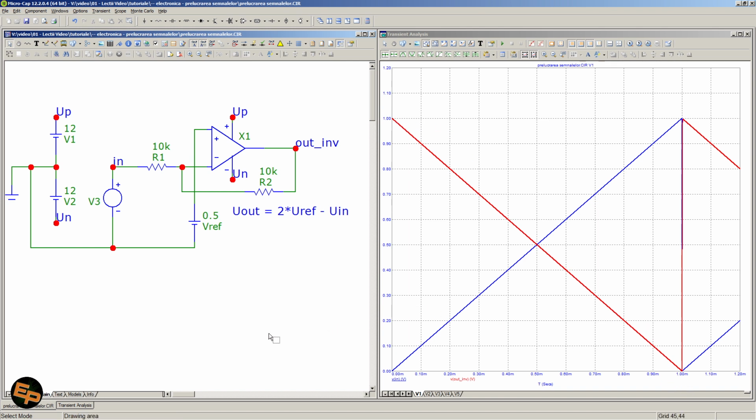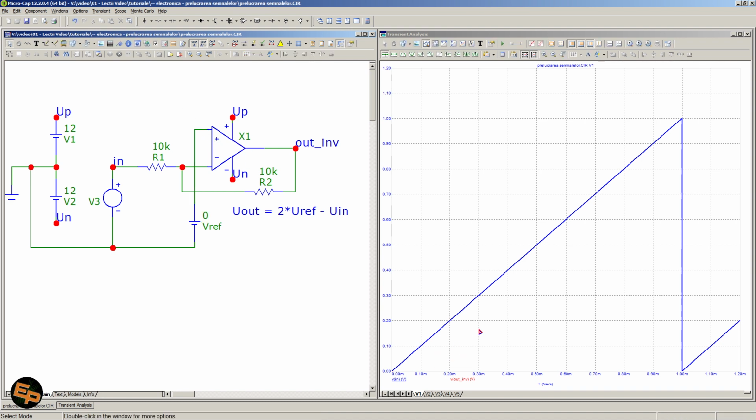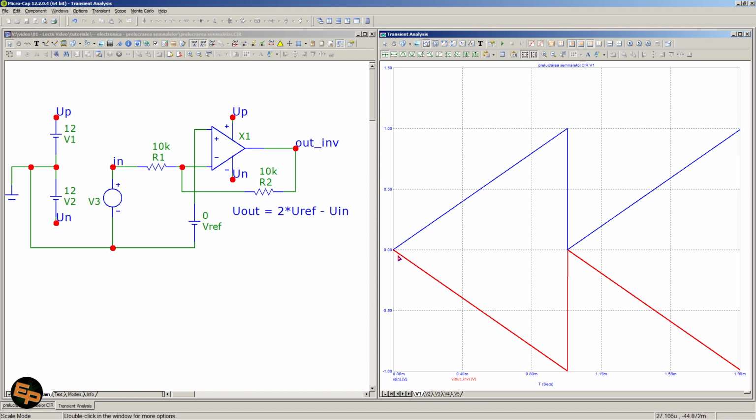We don't want it to go down in the negative range, because if we would connect this plus input to the ground directly, we would have an inverse signal that goes into the negative values. So whenever the input signal grows from 0 to some positive value, the output signal will diminish from 0 to some negative value.